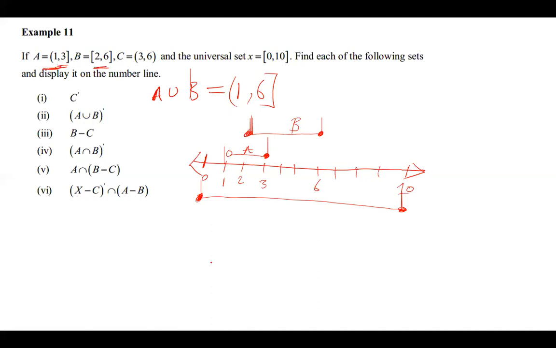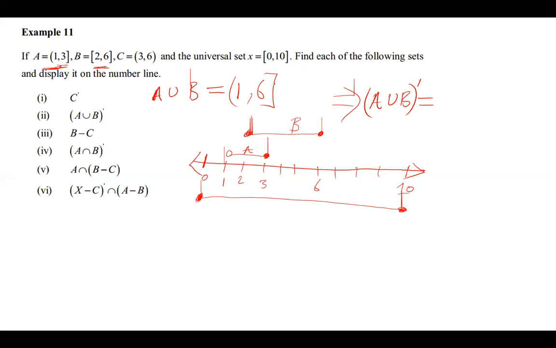So A union B complement will now be equal to, we start from this. So we can put this again, if you want to find the complement of this.